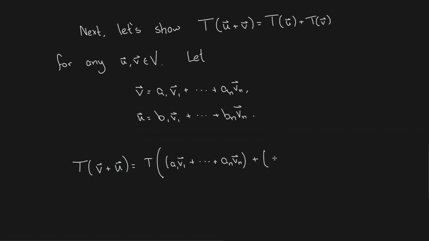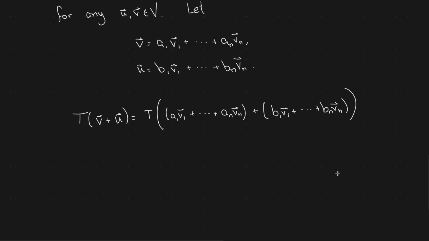So u is b1 v1 plus dot dot dot plus bn vn. Okay, now let's add like terms together. a1 v1 plus b1 v1 is a1 plus b1 times v1. And I could keep doing that until I get to the very last term. Last term, if I add the vn terms together, I get an plus bn times vn.